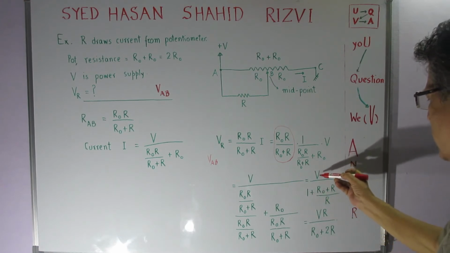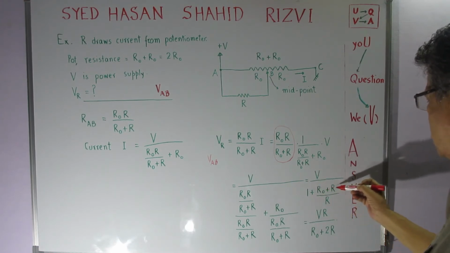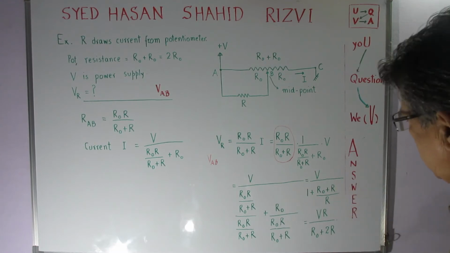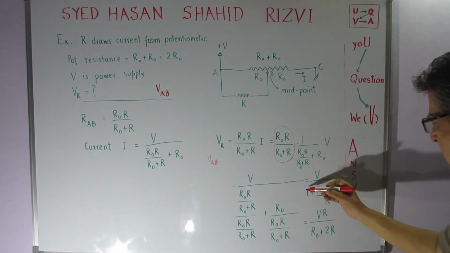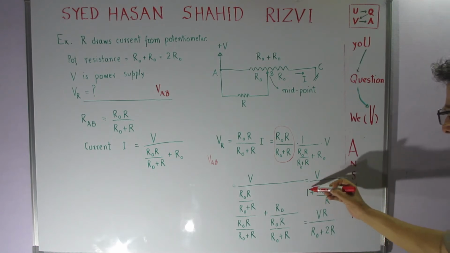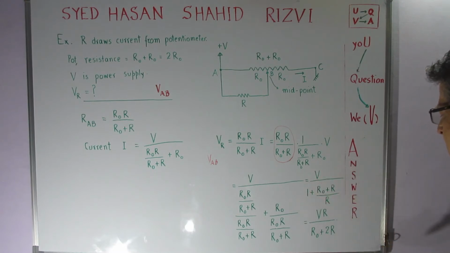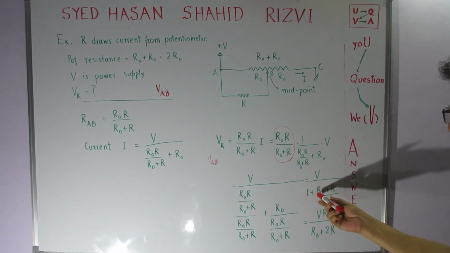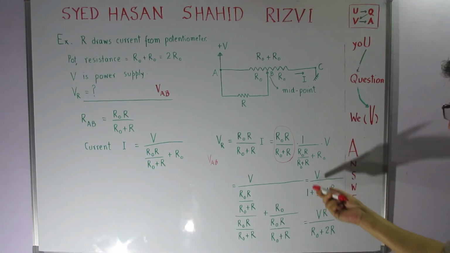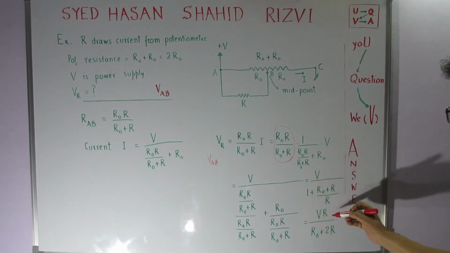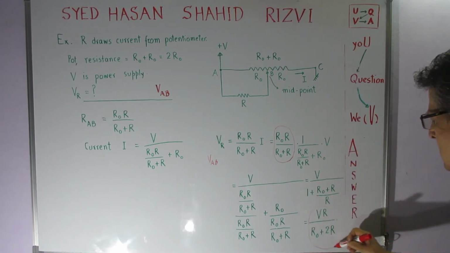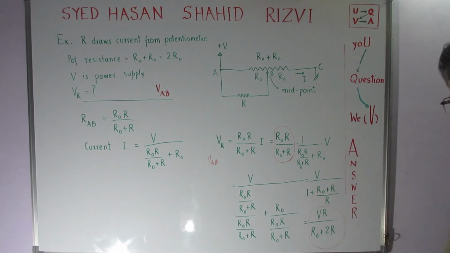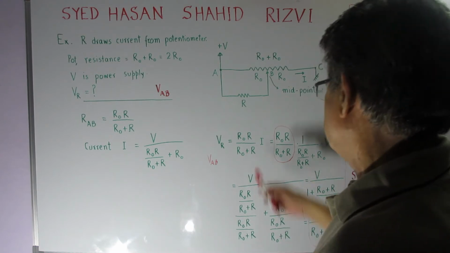So this becomes equal to capital V divided by 1 plus R naught plus R divided by R. And you can see that if I multiply here by R, I'll get R naught over here, R over here plus R naught plus R, and this R will go up. So the value becomes equal to VR divided by R naught plus 2R.